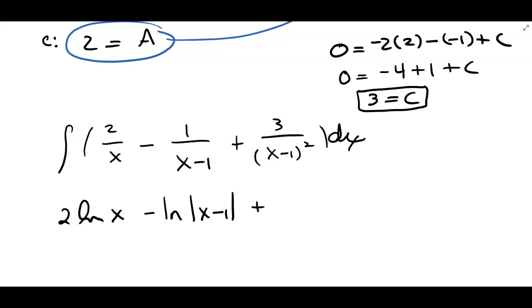This one's a little more, you got to do a quick u sub here. Let u equal x minus 1. du equals 1 dx. So you just take it off to the side. Your integral, I need a 1, I have a 3. So to make that a 1, I have to multiply by a third, which means you're going to multiply the outside by 3.